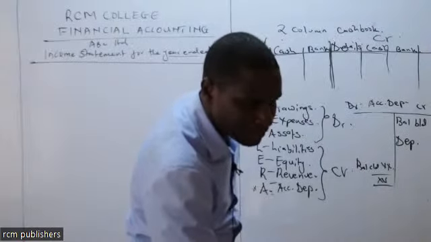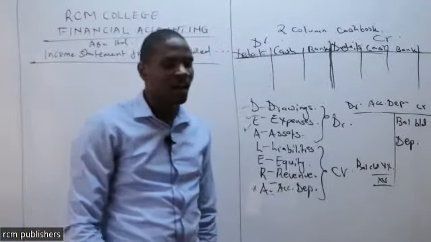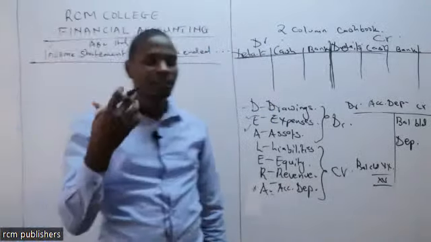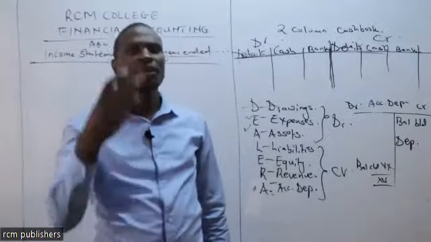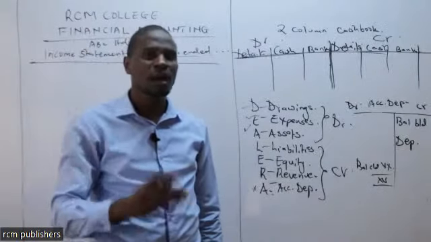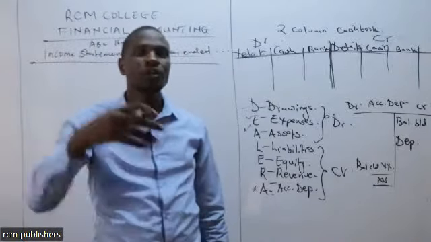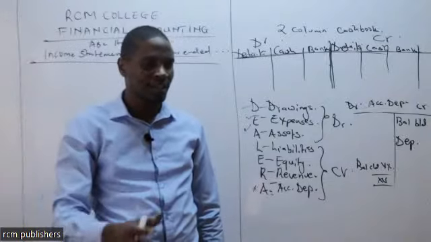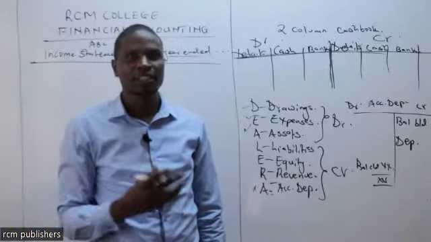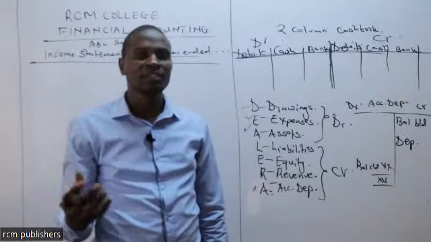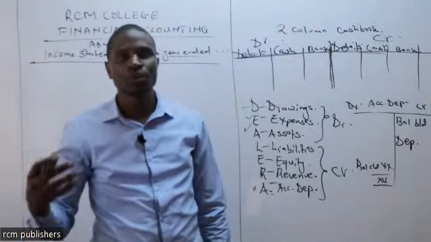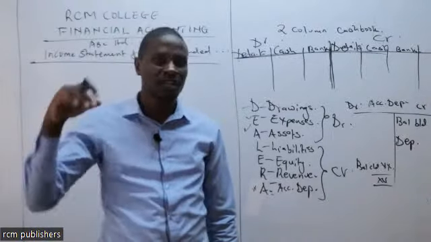We have another reason here: helping investors in making decisions. Yes. That's why you find that there are published financial statements, of course, you find them in gazettes and such. They are gazetted to help the investor make an informed decision whether to invest in that company or not.